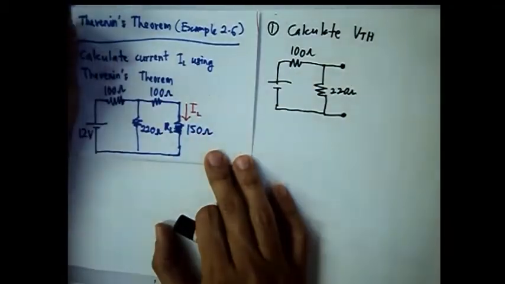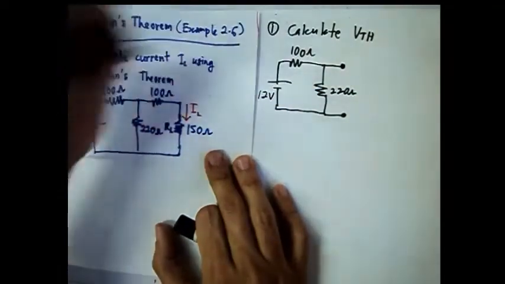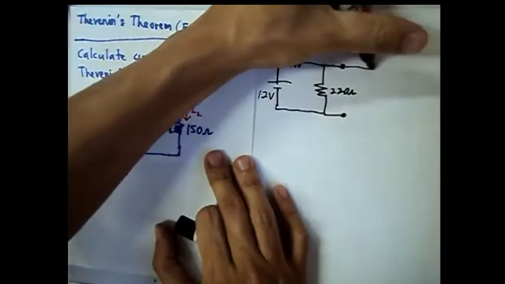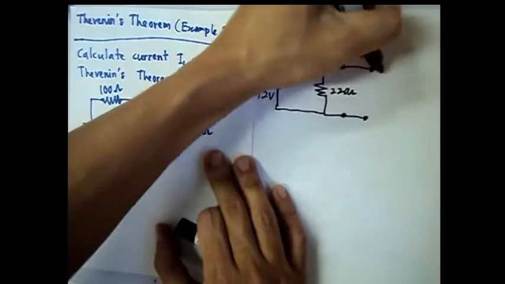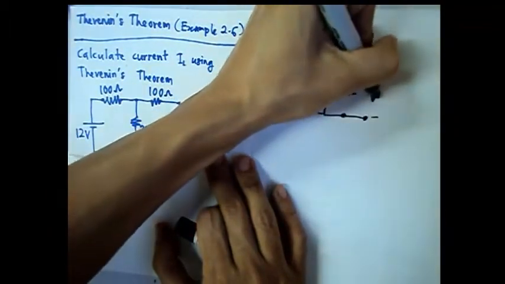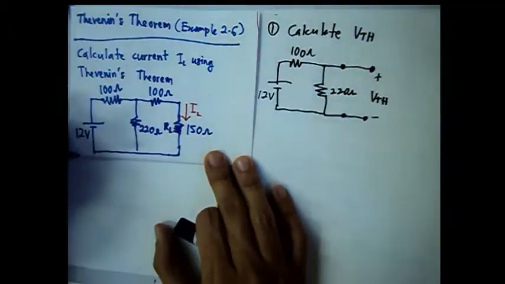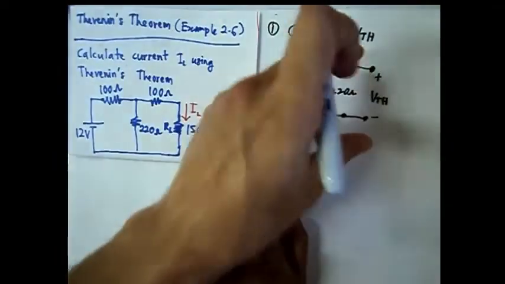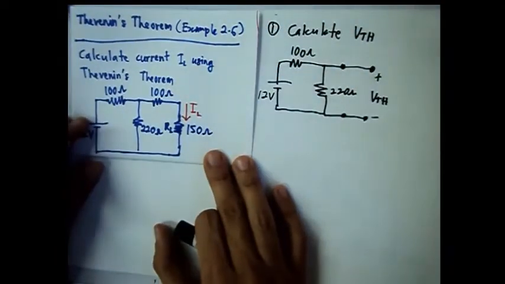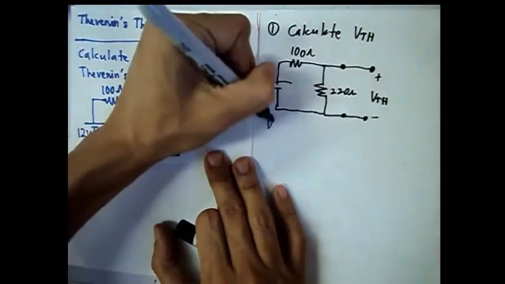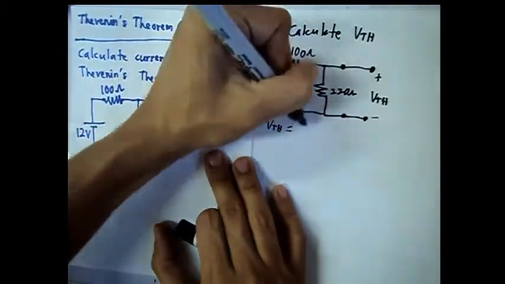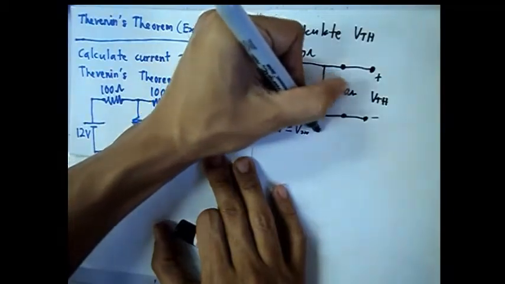So your VTH now is here, and it's actually the same as the previous solution. VTH equals the voltage drop across 220 ohm.